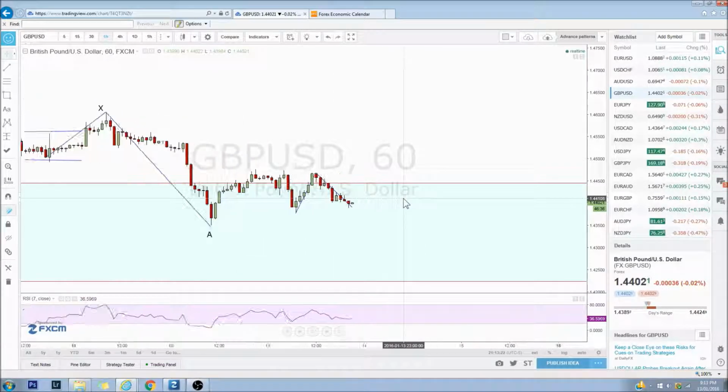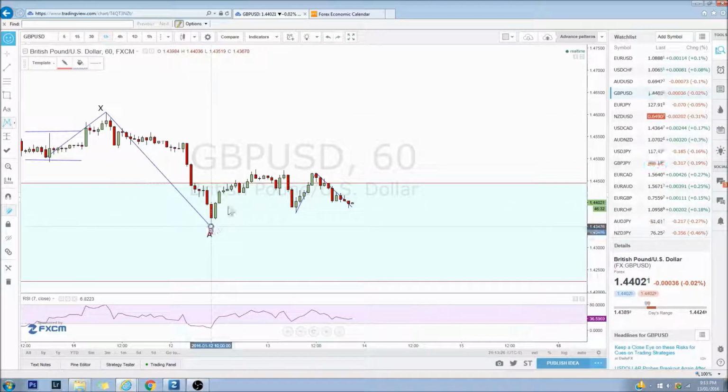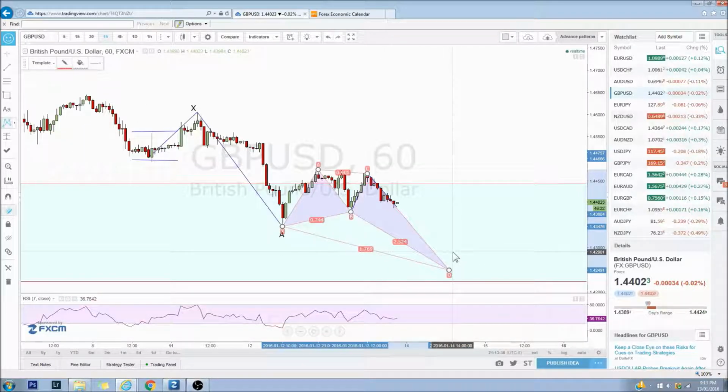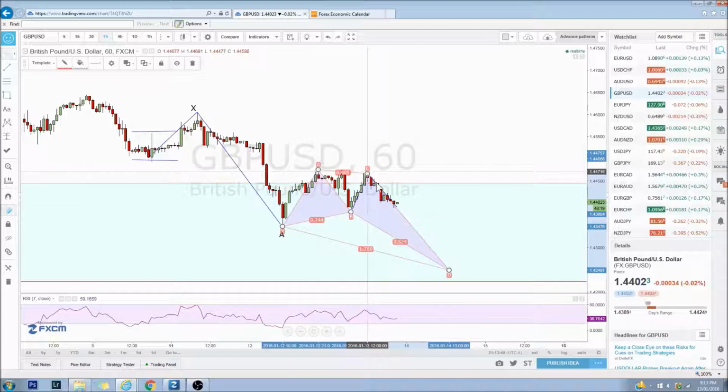If I'm looking for an extension, then I would be looking for this as my XA leg to extend for a butterfly or a crab pattern. So these are more extensions. That means the market's going to go and you're looking for a point of reversal.